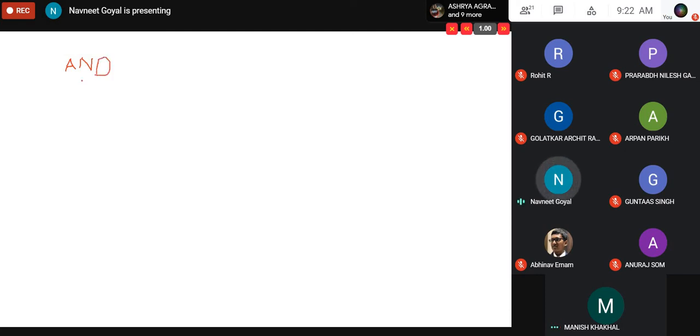All of you know the AND gate or the OR gate. So if I were to draw the AND gate, let me see if I can draw it properly. This is my X1, this is my X2, and this is 0.